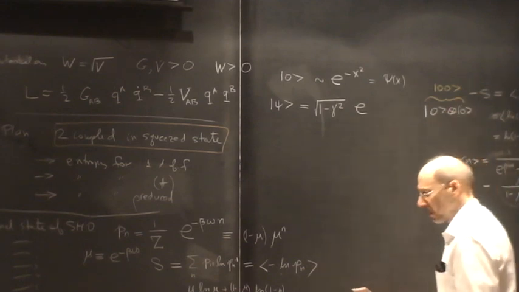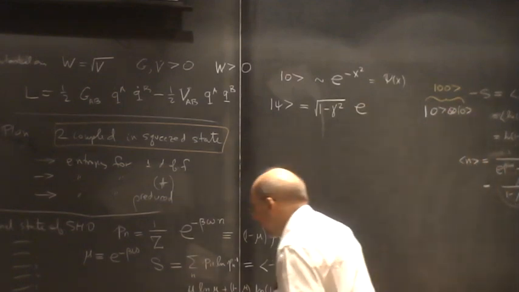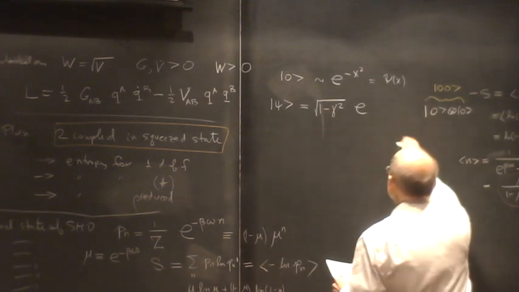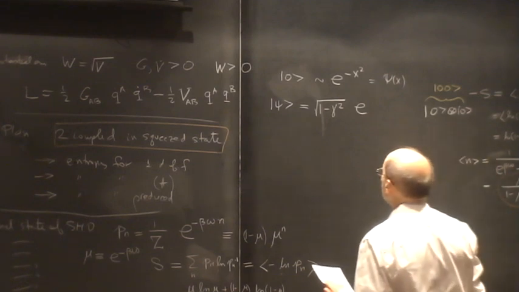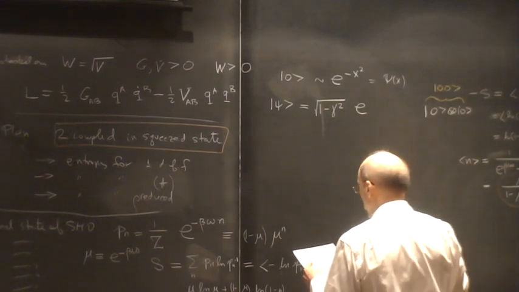I'll just write it as |0,0>. Now, I don't want to put the 2 in the ground state, that would be useless because they're not coupled to each other. I just get the product of the two ground states.